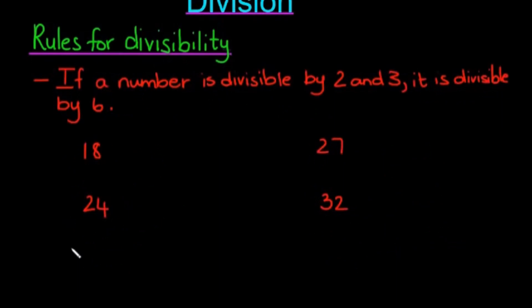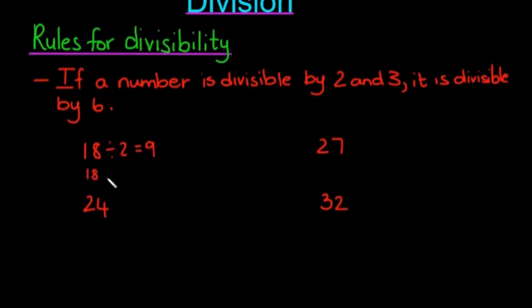The next rule of divisibility states that if a number is divisible by 2 and 3, it is divisible by 6. So over here in this example, I have the number 18. If I divide 18 by 2, I get the whole number answer of 9.